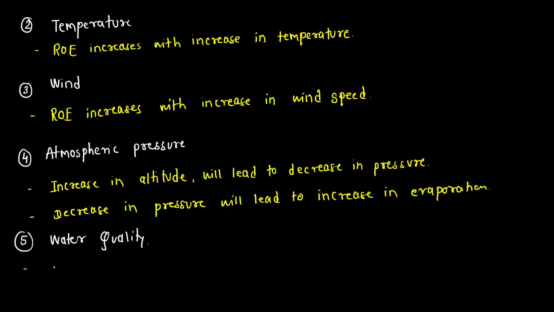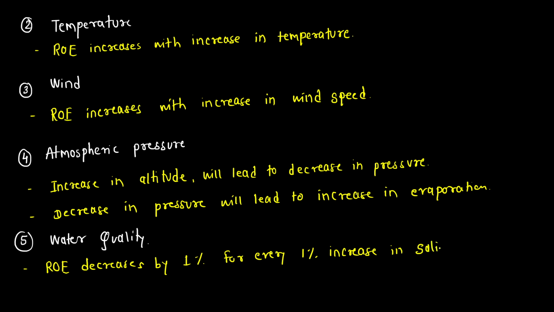The rate of evaporation decreases by 1% for every 1% increase in salinity of the liquid. In this case it is water. So if the salinity of water increases by 1%, then the rate of evaporation decreases by 1%.